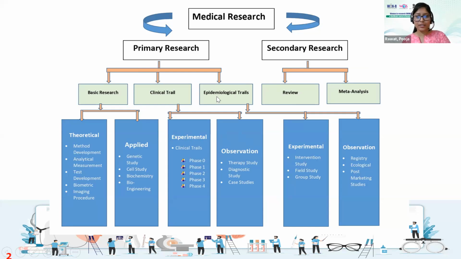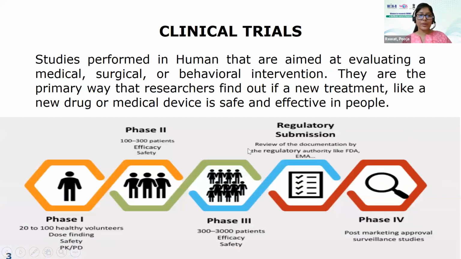There are other parts of study which I'll not talk about, because these are secondary. We are mainly focused on the clinical trial, because here we need to talk about the various designs and how we have to reduce bias. So through that, we begin with the clinical trial. What is a clinical trial?